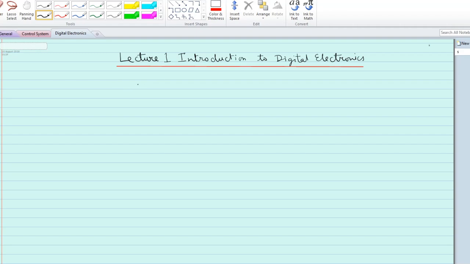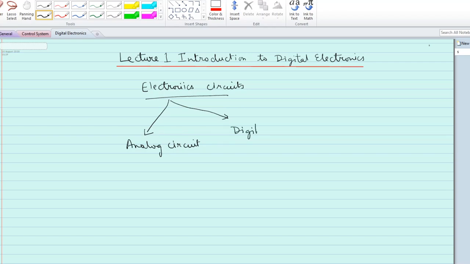Now, in electronics, if we divide the complete electronic circuits family, then there are two types of circuits available. First is your analog circuit and second is your digital circuit.